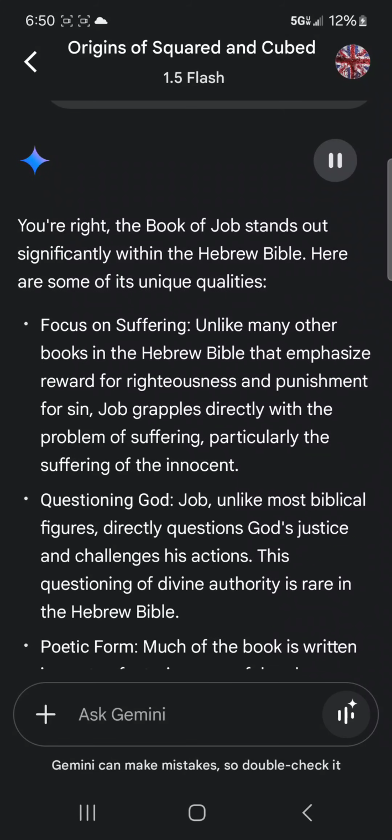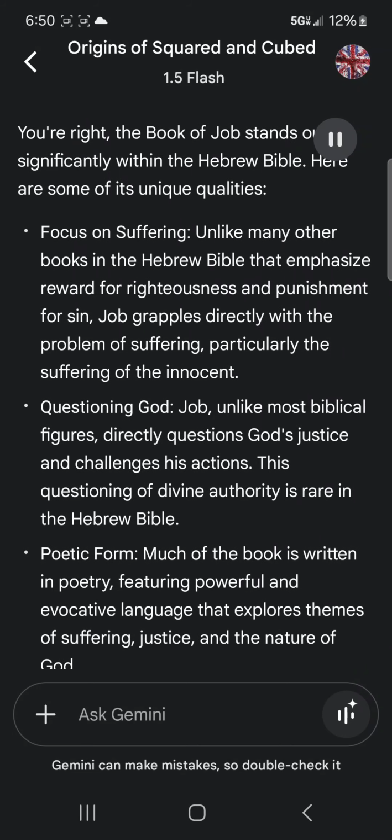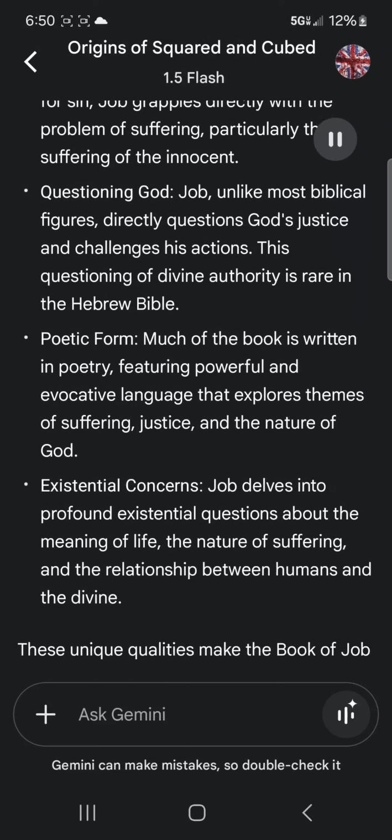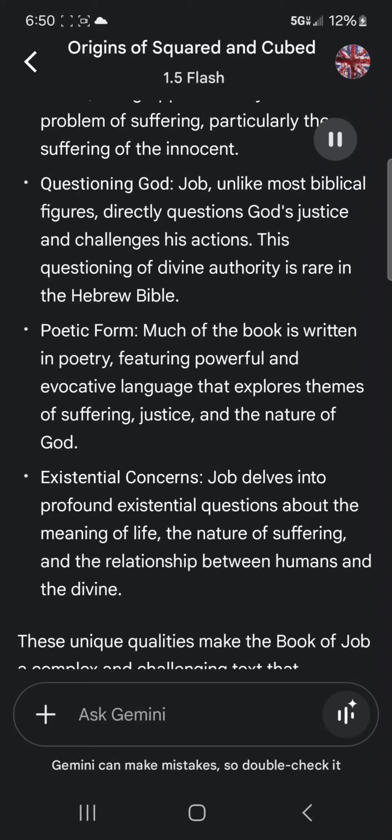You're right, the book of Job stands out significantly within the Hebrew Bible. Here are some of its unique qualities. Focus on suffering. Unlike many other books in the Hebrew Bible that emphasize reward for righteousness and punishment for sin, Job grapples directly with the problem of suffering, particularly the suffering of the innocent. Questioning God. Job, unlike most biblical figures, directly questions God's justice and challenges his actions. This questioning of divine authority is rare in the Hebrew Bible. Poetic form.